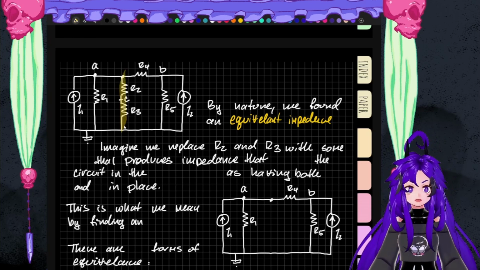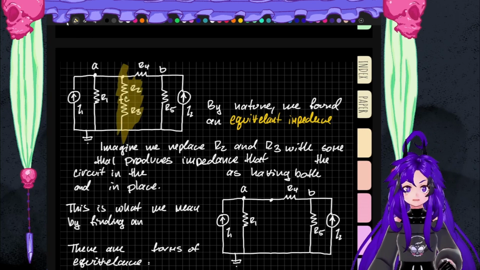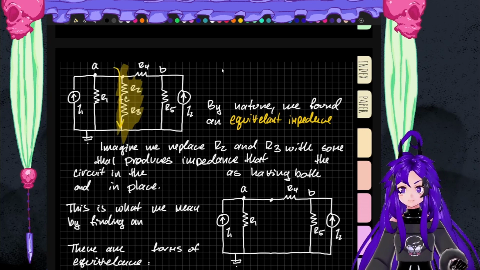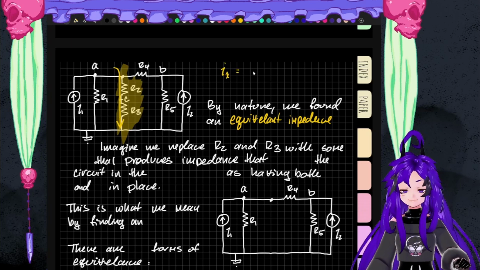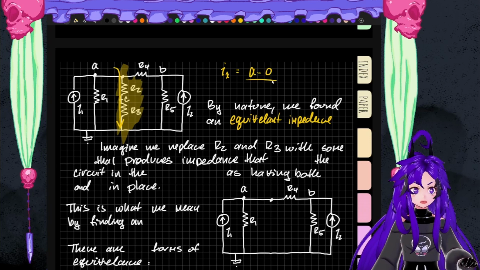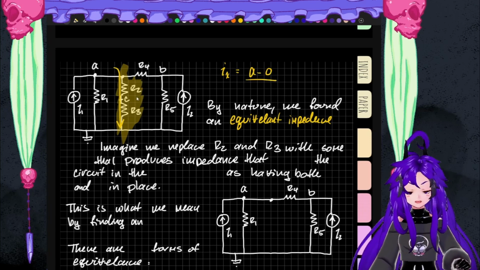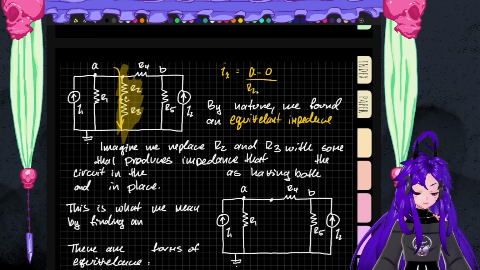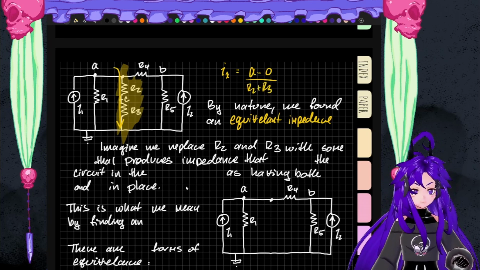So I'm going to rewrite this term specifically. The current across this branch equals A minus 0, so the voltage at A minus the voltage at ground, all over R2 plus R3.